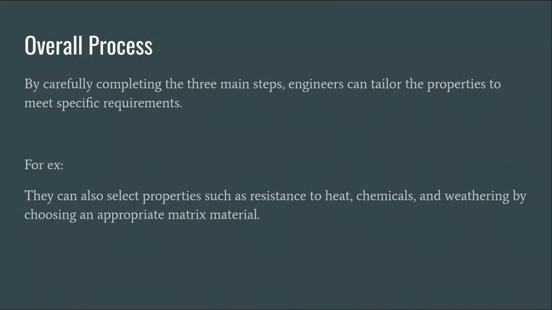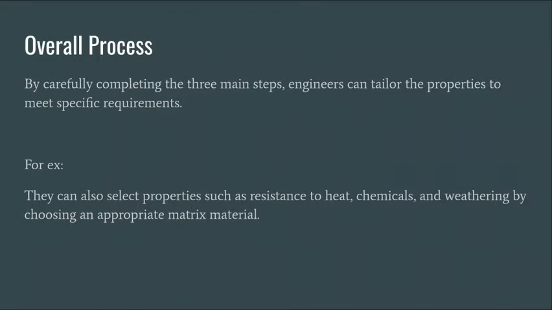So they choose the reinforcement and the matrix with thoughts of the overall whole product in mind. For example, engineers will select properties such as resistance to heat, chemicals, and weathering by choosing an appropriate matrix material that has those properties.